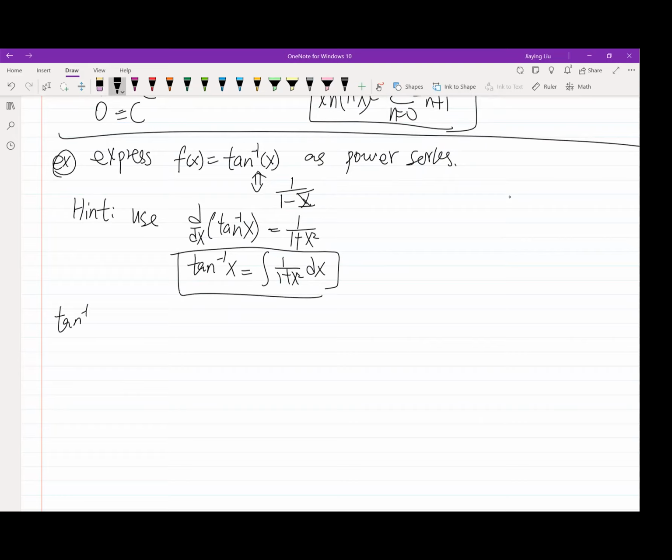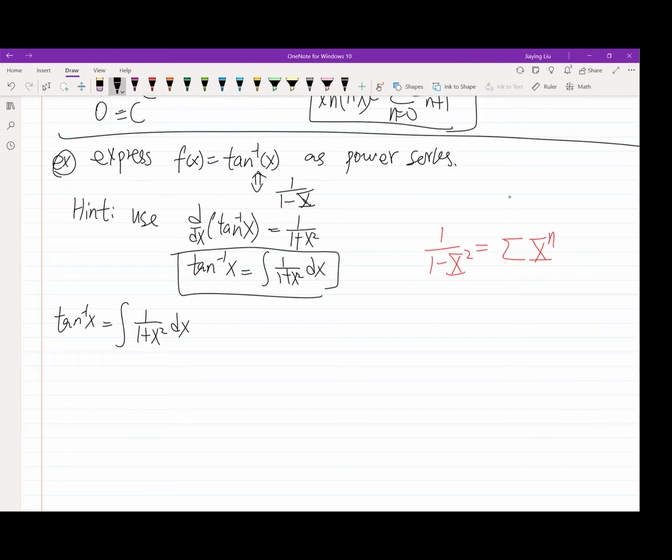So inverse tan of x is equal to integral 1 over 1 plus x squared dx. And again, remember that we want to have something 1 minus capital X squared, because then we can directly apply this equation to find the power series.